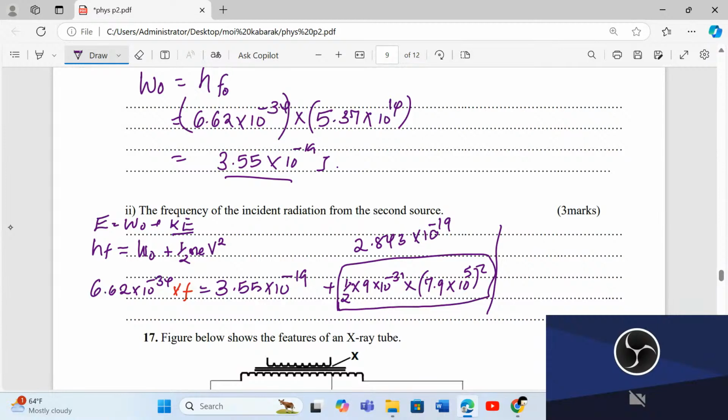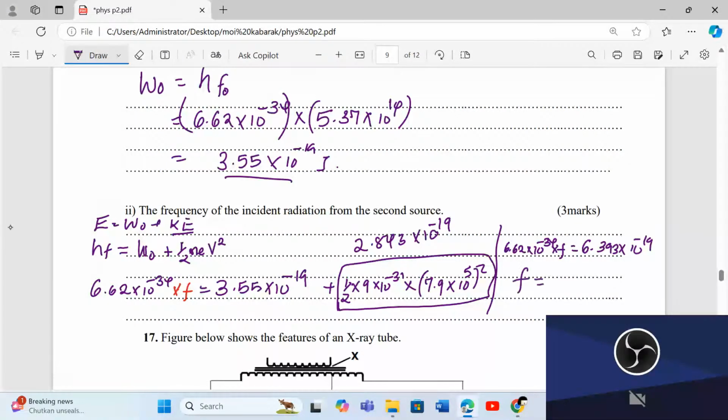This will lead us to a total of 6.62 times 10 raised to power negative 34 f is equals to 6.393 times 10 raised to power negative 19.